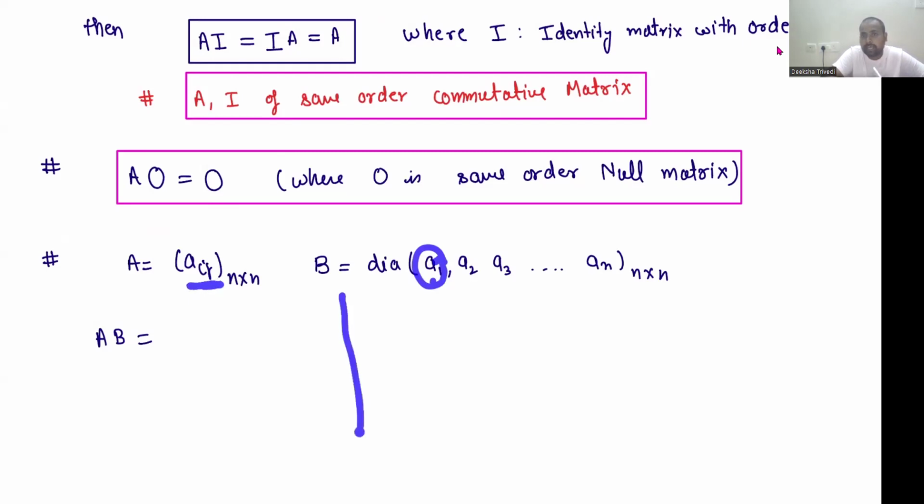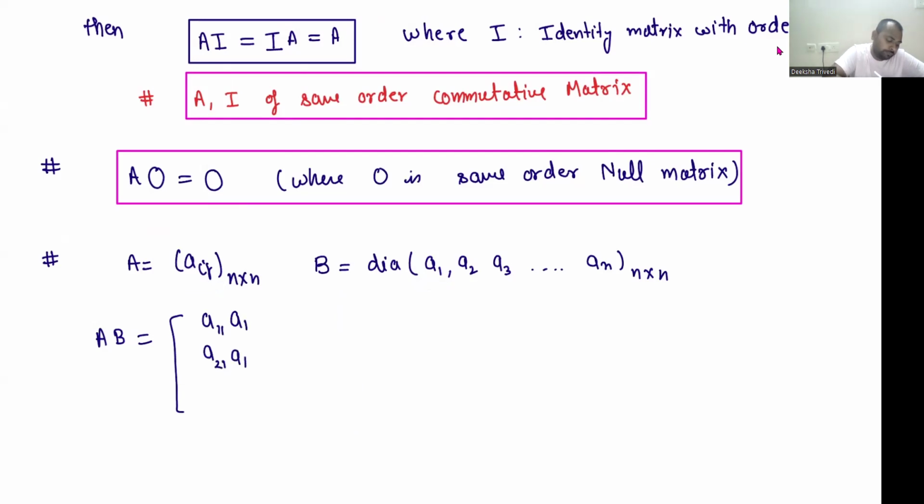Can everybody understand what I am trying to say? So here we have A11 into A1, A21 into A1, up to An1 into A1. Similarly, the second diagonal element is multiplied with the second column.